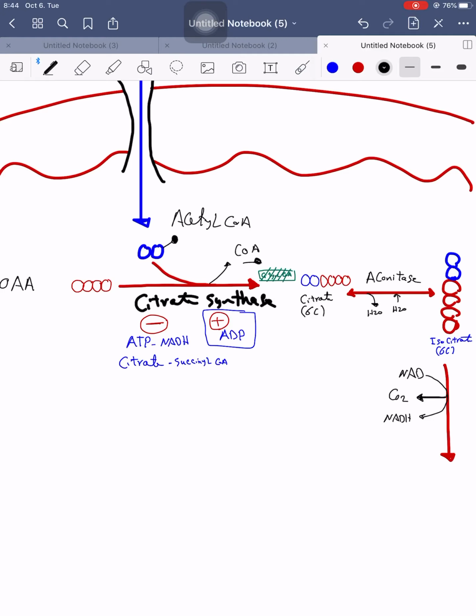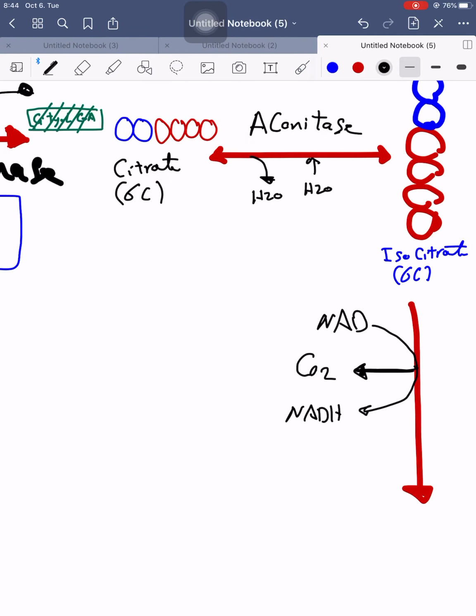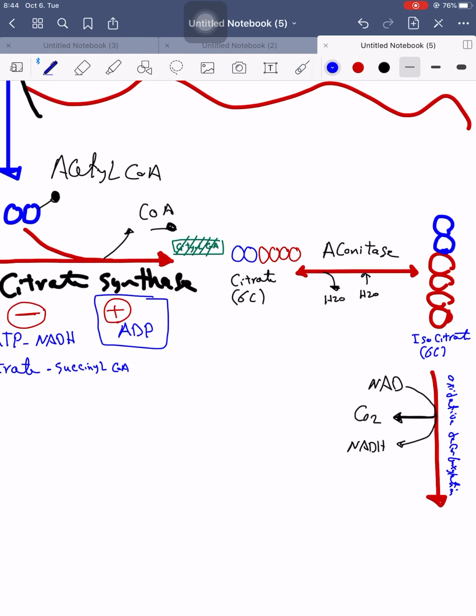So this reaction is called what? It's called oxidative decarboxylation. I write it here: oxidative decarboxylation.